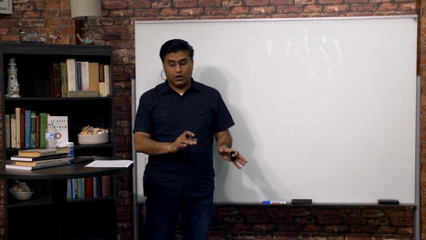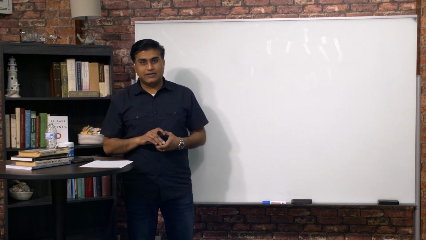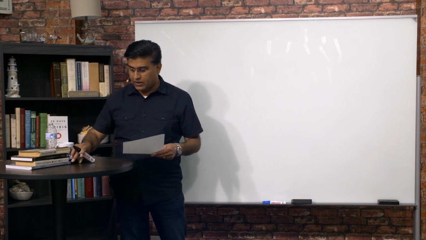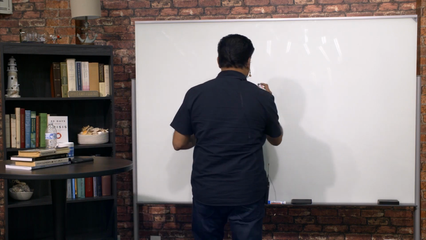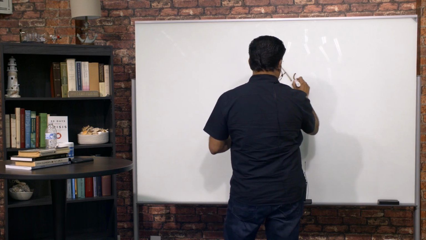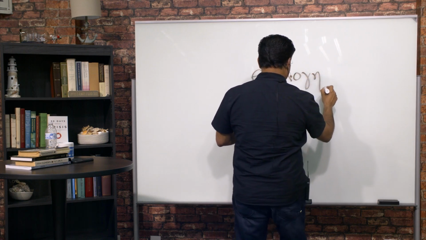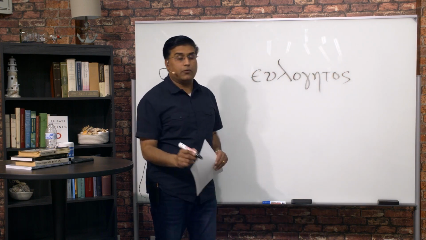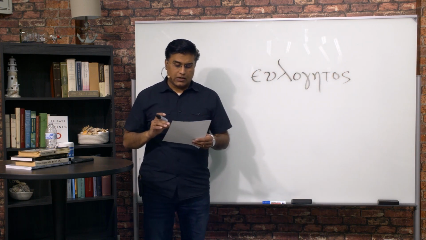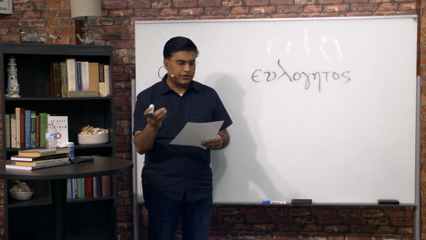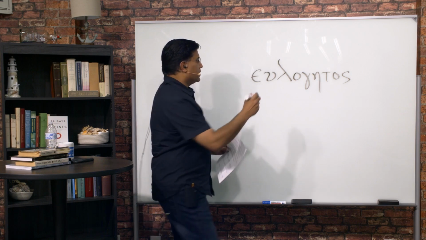Now for diphthongs, the breathing mark is above the second vowel. For example, think about the word eulogetos. Where would the breathing mark go? Again, it's a smooth breathing. Eulogetos means blessed.